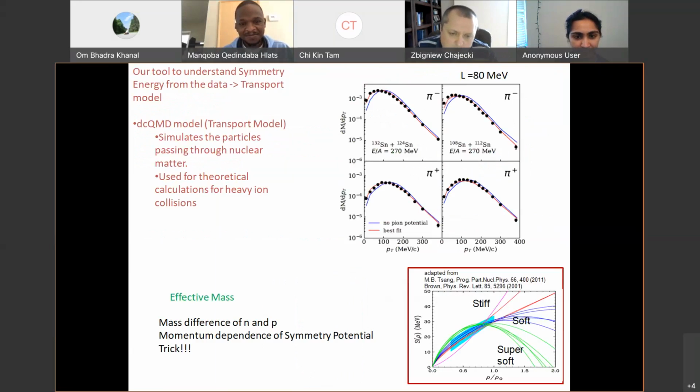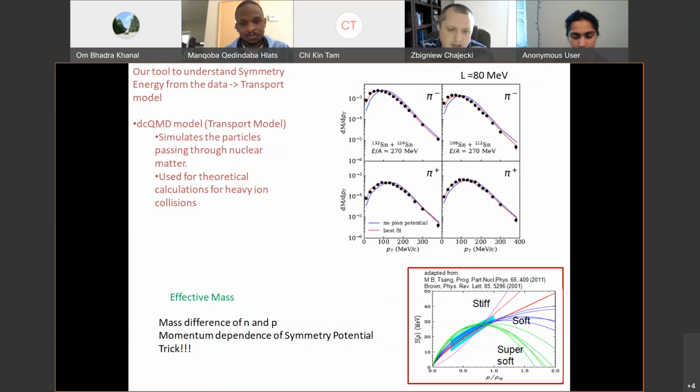Well, in short, the transport model simulates the particles passing through matter. And depending on what matter you put in, in this case, for example, if you're simulating those collisions, tin on tin, when the system collides, then particles start being emitted, but those particles are still going to interact with the matter, depending on the cross section and so on.